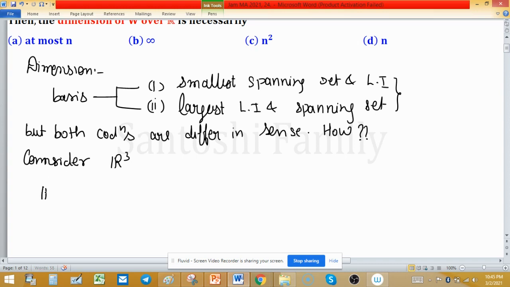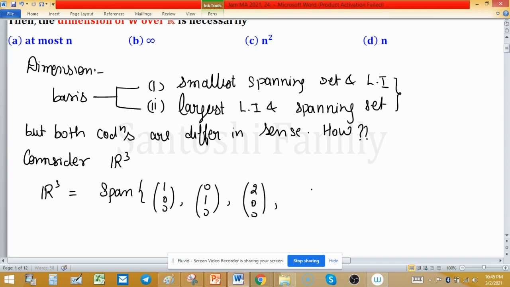Now R3 is generated by this spanning set: 1 0 0, this is the first element; 0 1 0, the second element; 2 0 0; 0 2 0; 0 0 1.